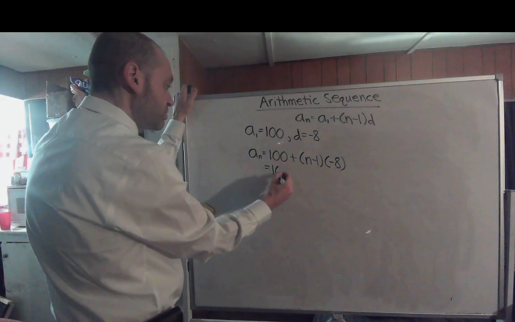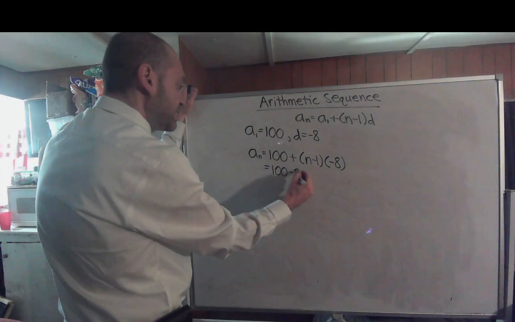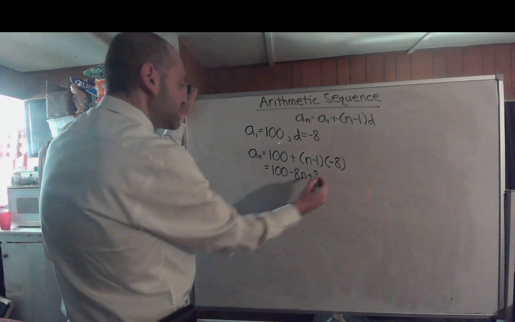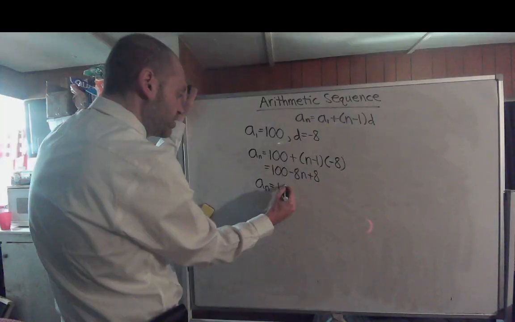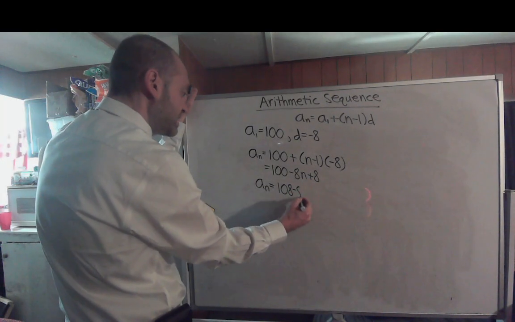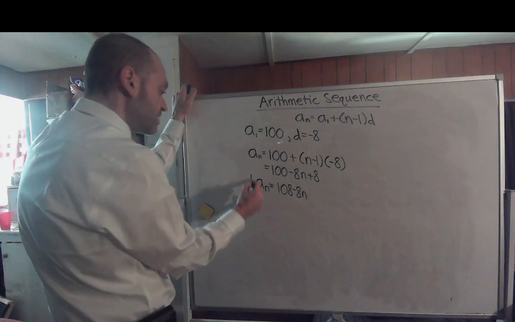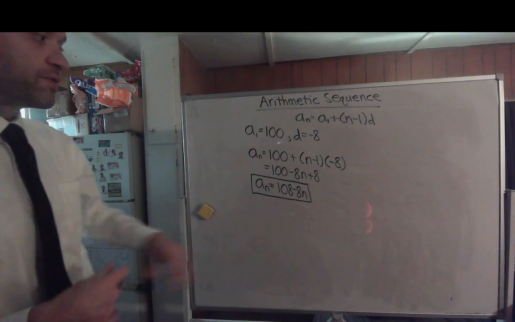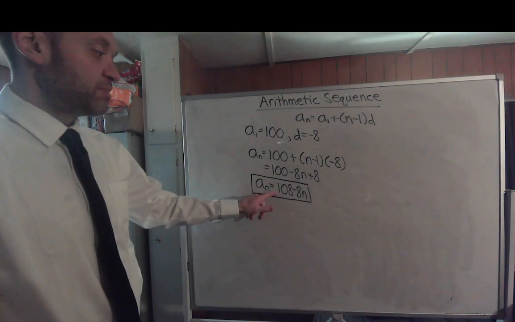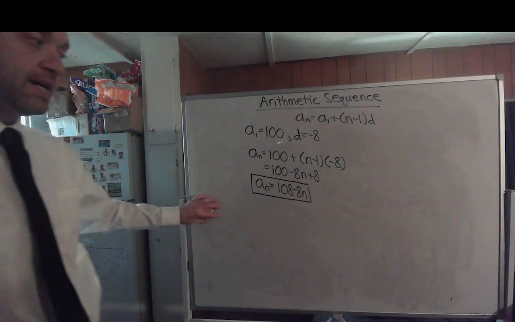This will turn into 100 minus 8n plus 8, which for your final simplified form gives you 108 minus 8n. So the explicit formula for the nth term of this sequence is 108 minus 8n.